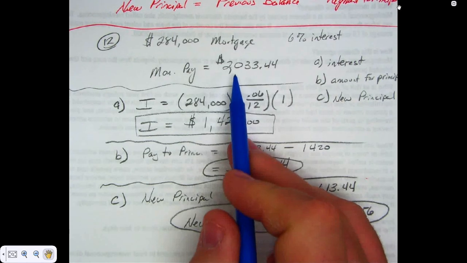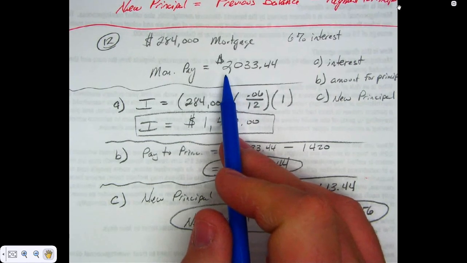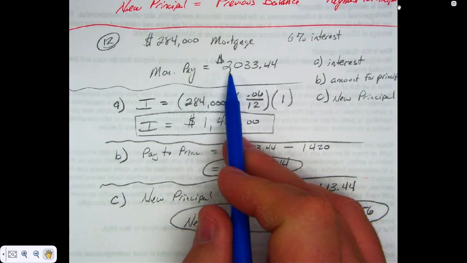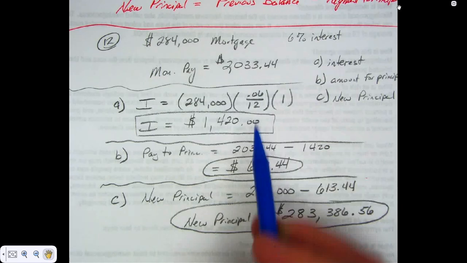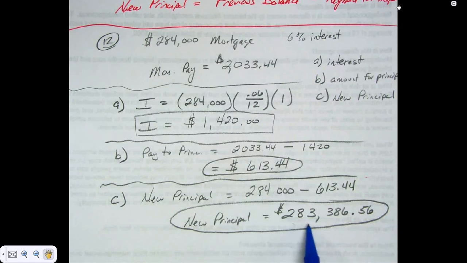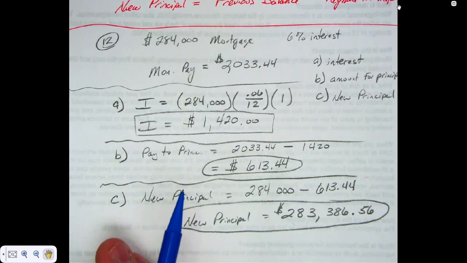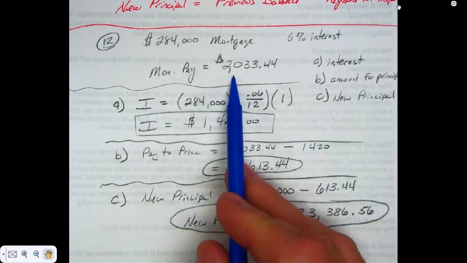Just because they say that's your payment doesn't mean you can't pay more. So let's say for this first payment you had the ability to pay $3,033.44. Well, then you're taking $1,000 off this principal, aren't you? So you're going to pay a little less interest next month than you would have if you'd paid what?